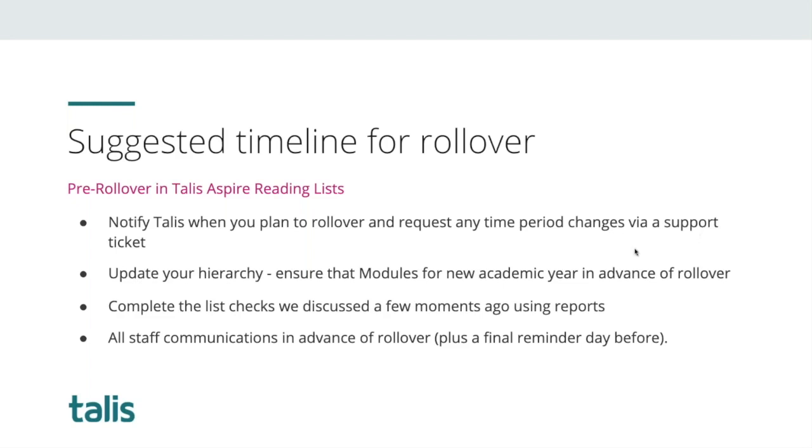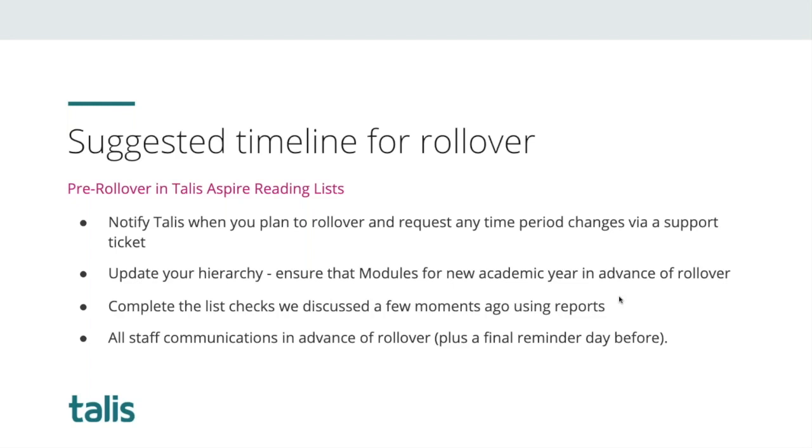So any of that notification, either when you plan to roll over or any new or updates to time periods, raise that via support. Update your hierarchy to ensure that modules for the new academic year are available in advance of rollover, and also that you've got your information on hierarchy code changes and that sort of thing.